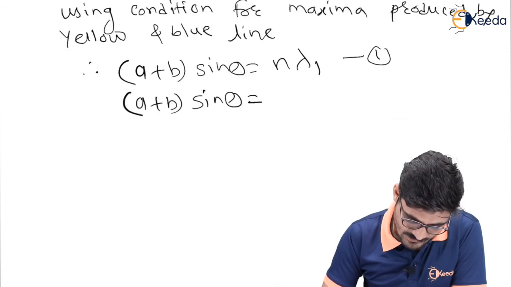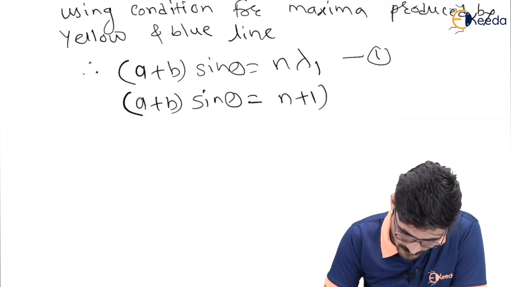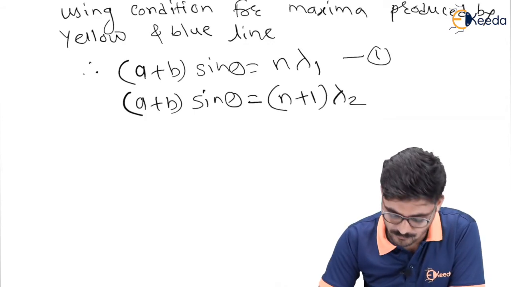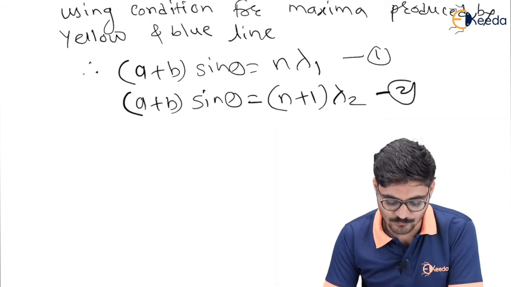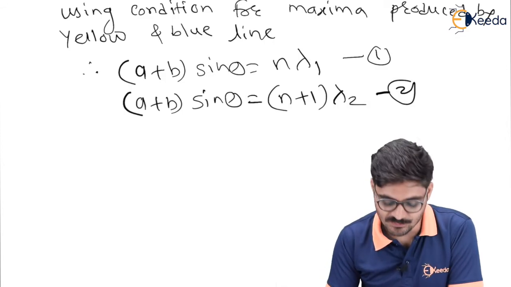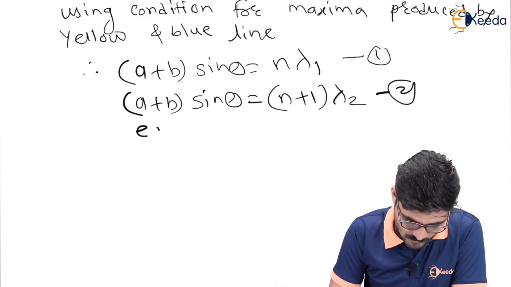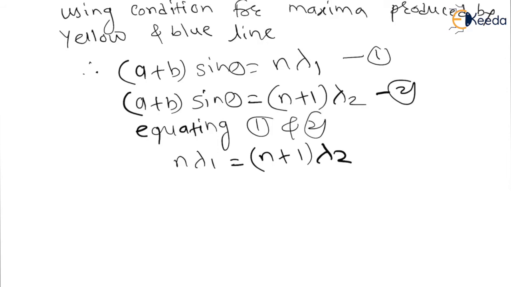If we take n for the yellow line, you have to take n plus 1 for the blue line because it is the next higher order. So you obtain 2 equations in which the LHS is the same, so the RHS must be the same. Equating 1 and 2, what you get is n lambda 1 equals (n plus 1) lambda 2.